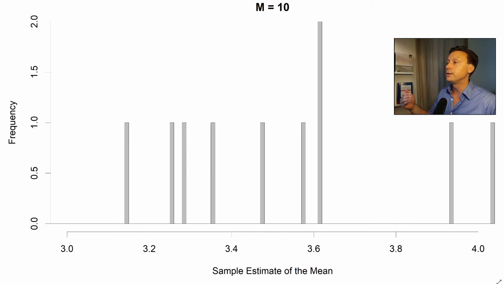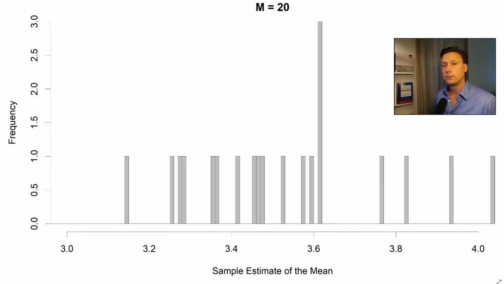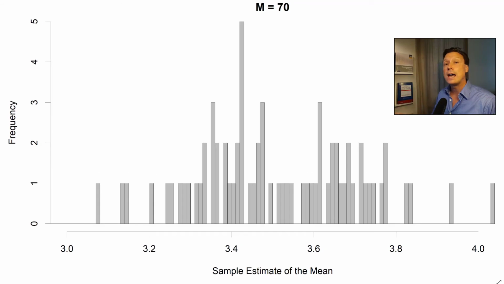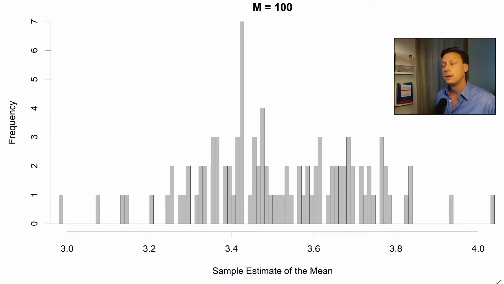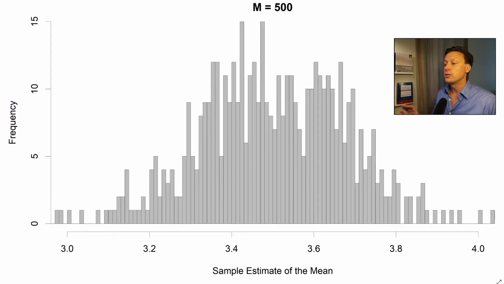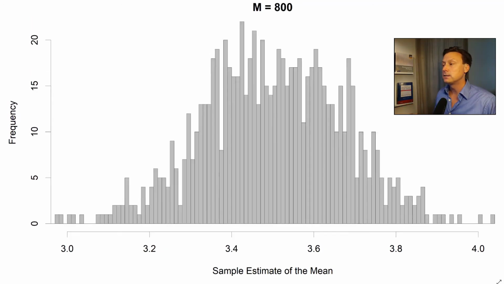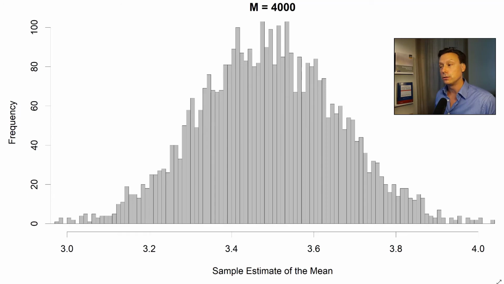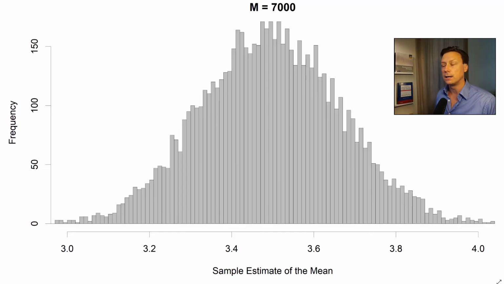So I'm just going to roll the die 100 times more, calculate a mean, and then I'm going to get 10 more sample means, and just add them to the plot. I'm going to do it 10 more times, 10 more times, 10 more times, and just continue adding sample means to this plot. And if we get a large enough sample of the sample means, we should get a good estimate of the true distribution of the sample mean.